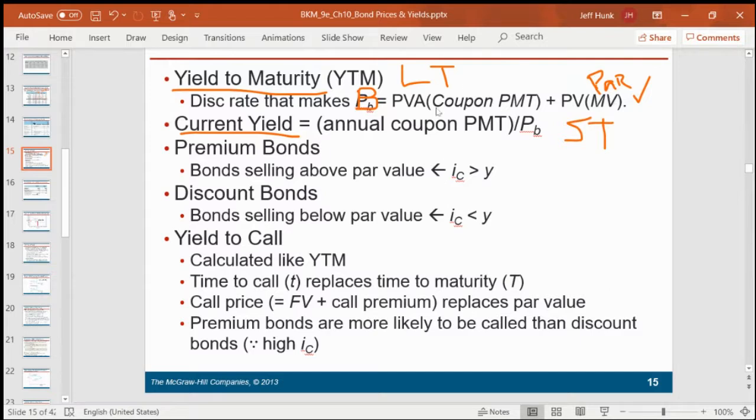Make sense? And the right-hand side is the sum of the present values of all the coupons, annuities, and the present value of par value.